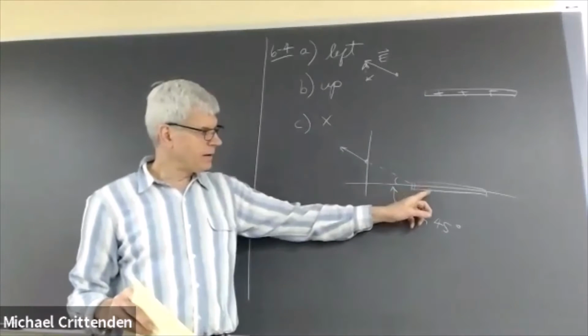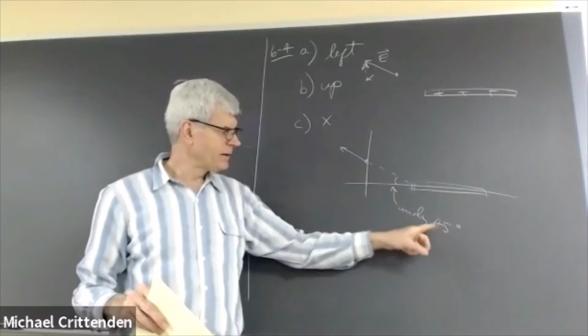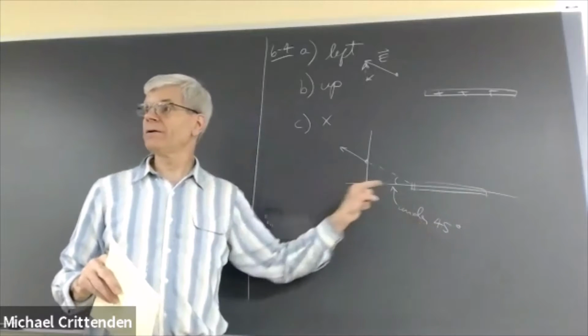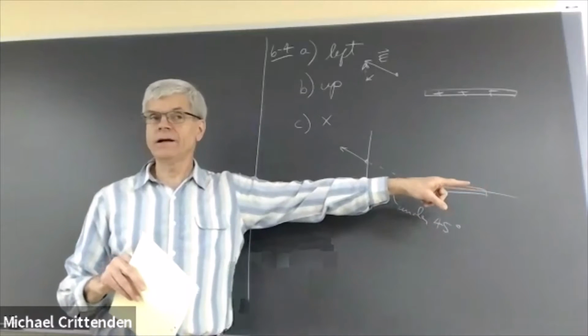As you move on to other parts of the charged object, that angle gets even smaller as you head down the rod toward the other end.